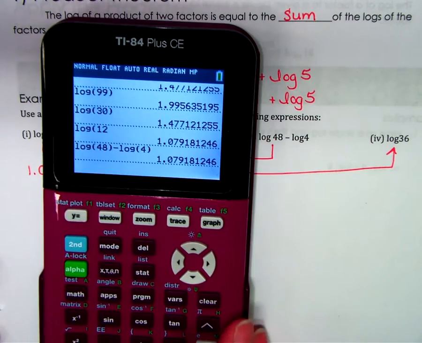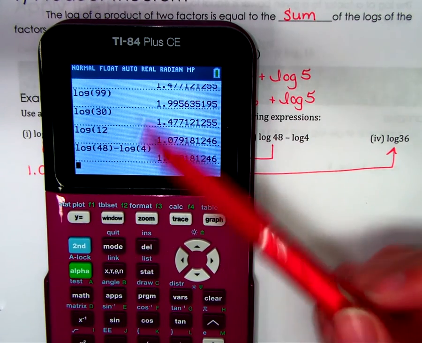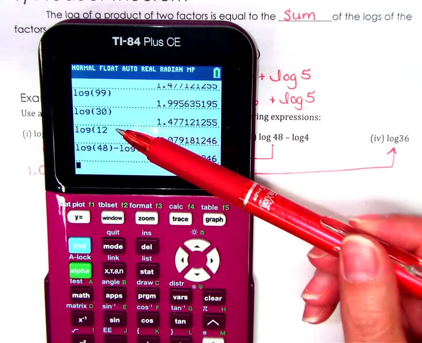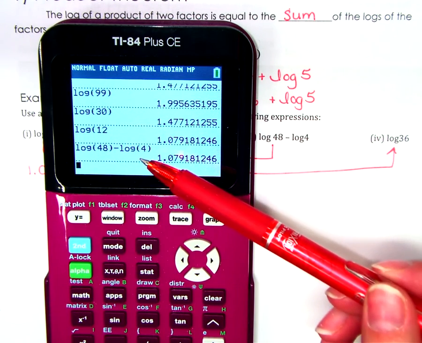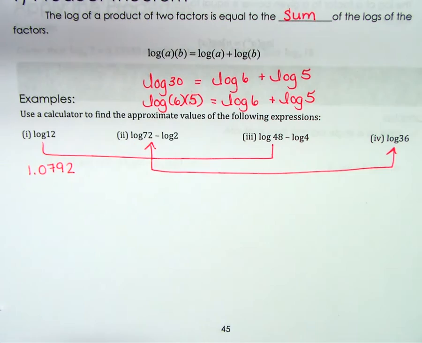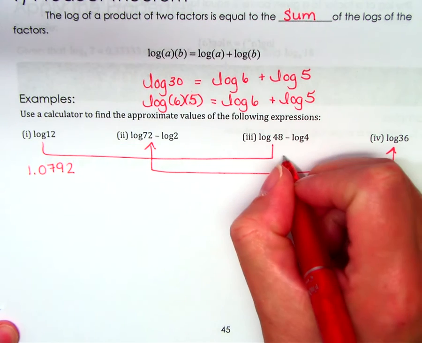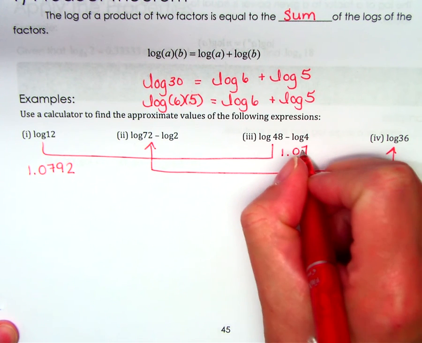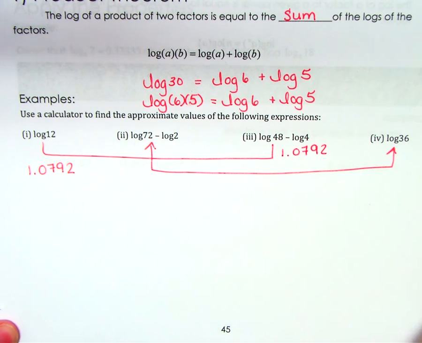Okay, so I just did the first one there. So log 12 has the exact same value as the one we anticipated to happen. So what's log of 36?